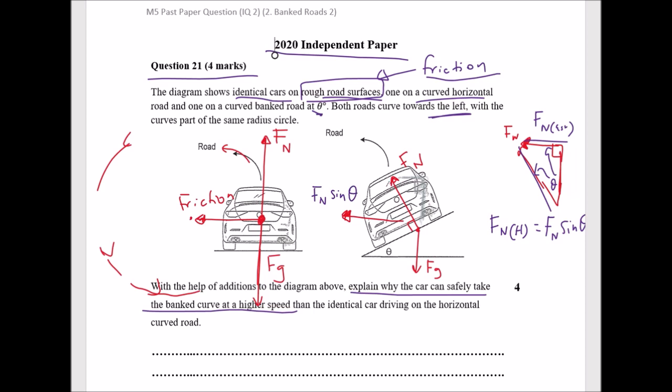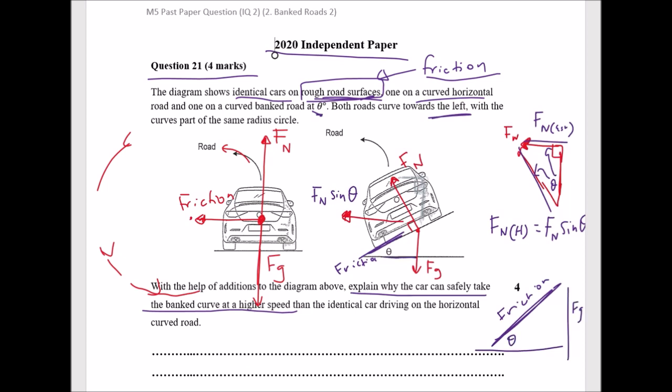The next thing I need to realize is this is on a rough road. So if it's a rough road, there is also friction here. If I draw friction out again over here, this is friction, the value of friction, and we're using this triangle here. This is our weight force.